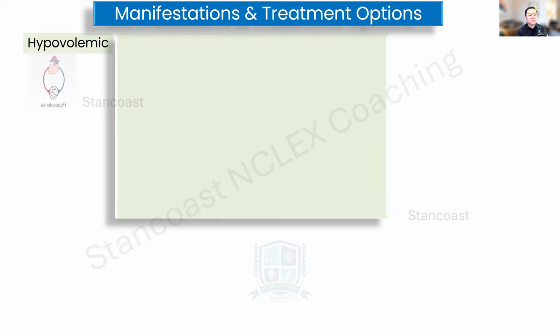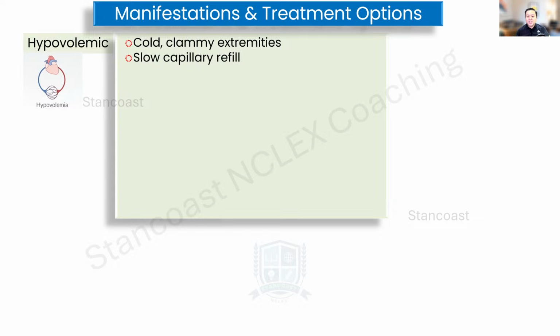The hypovolemic shock is caused by blood loss, extreme blood loss, or maybe diuresis caused by medications, or maybe conditions like diabetes insipidus, right? And maybe burns, or hemorrhage, or dehydration, or diarrhea, or excessive vomiting. This can lead to the hypovolemia.